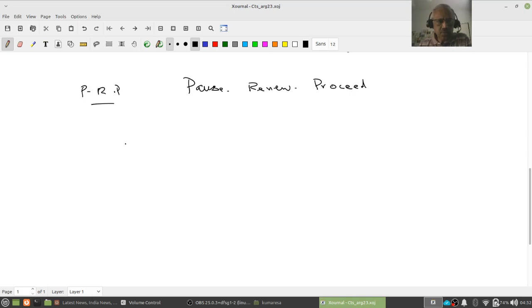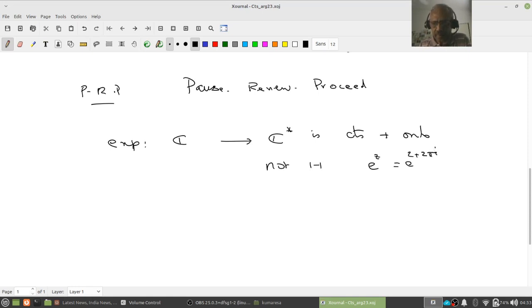Now we also know, when it comes to complex numbers, that the exponential is continuous and onto, but not a bijection. It's not one-to-one. Why? Because we know e power z is the same as e power z plus 2 pi i n for every integer n.